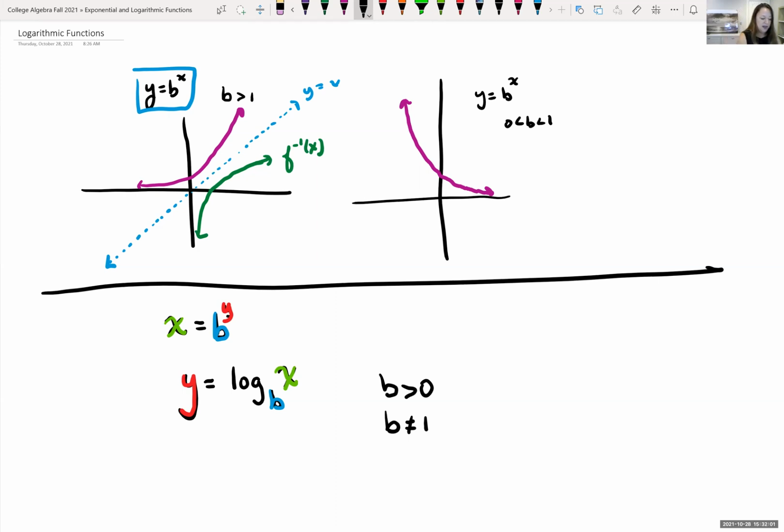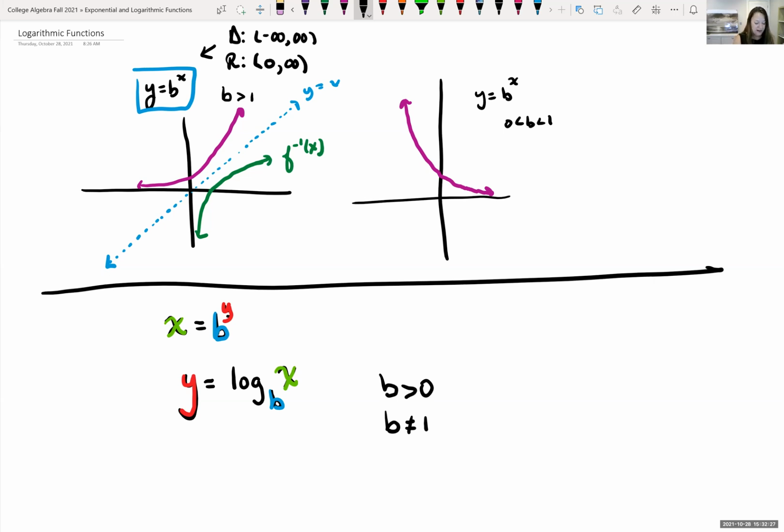So our domain for y equals b to the x was all real numbers, and our range was from 0, not including 0, to infinity. So our domain is the range of the inverse function.